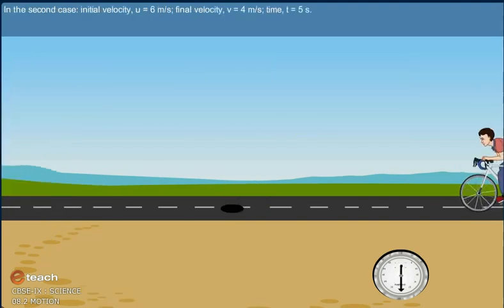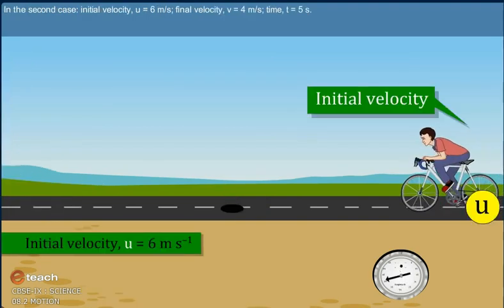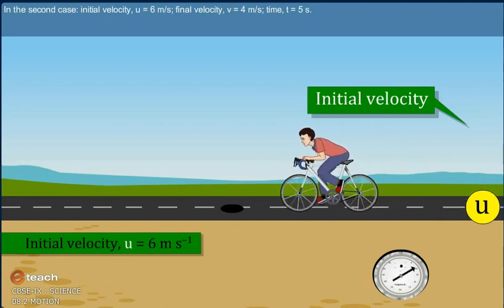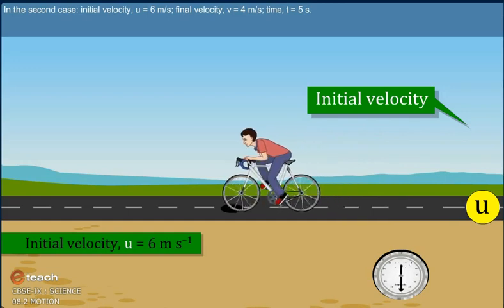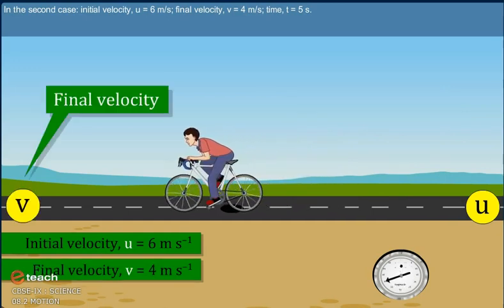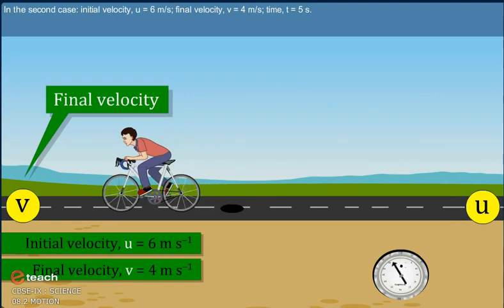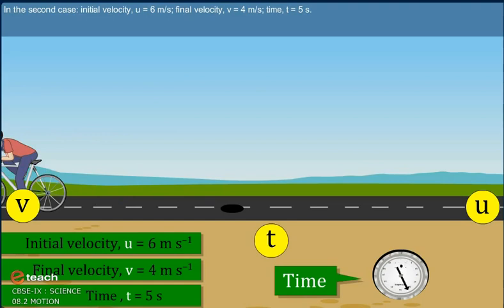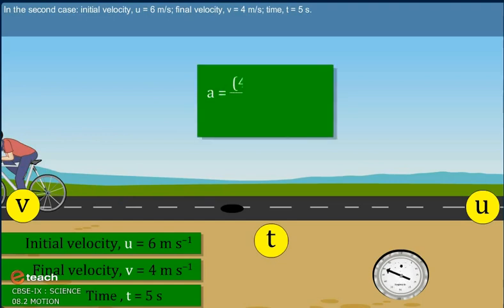In the second case, initial velocity u is equal to 6 meter per second. Final velocity v is equal to 4 meter per second. And time t is equal to 5 seconds. Then a is equal to 4 meter per second minus 6 meter per second divided by 5 seconds.